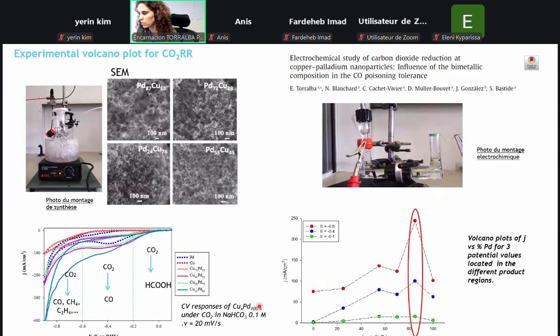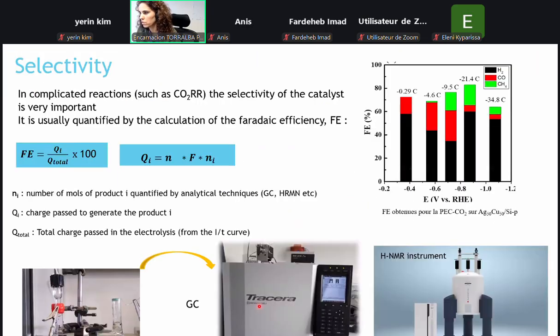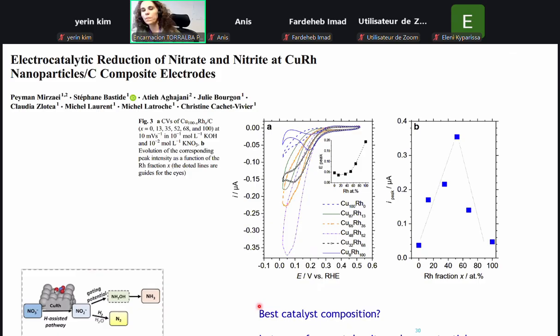Okay, I want to ask you something before. Now, question. If I show you this one, this is another reaction. In this case, we are using copper rhodium to reduce nitrates to this one.